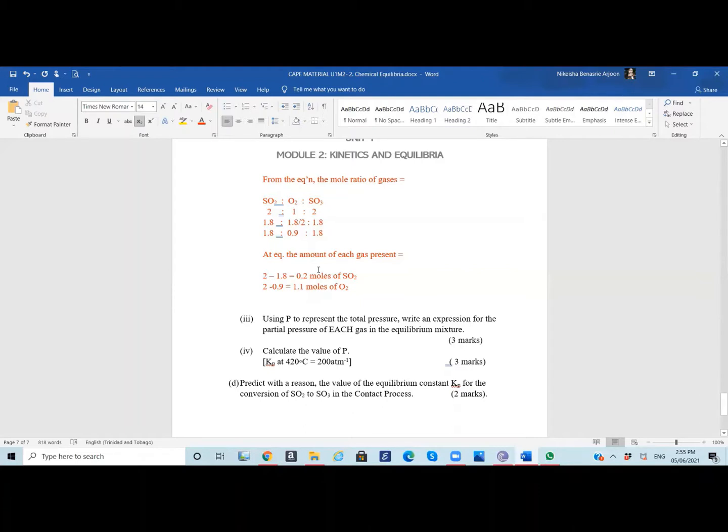So at equilibrium, we have these amounts of reactants, 0.2 moles of SO2 and 1.1 moles of oxygen. But these amounts would have reacted to produce 1.8 moles of SO3, which is your product. So that's the answer. 1.8 moles of SO3 would be present because that's how much was obtained from the reactants.